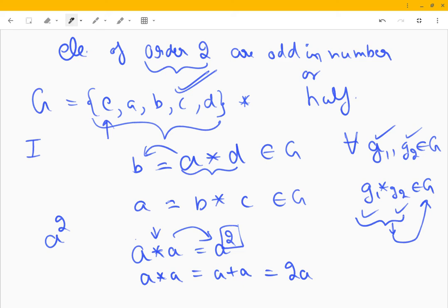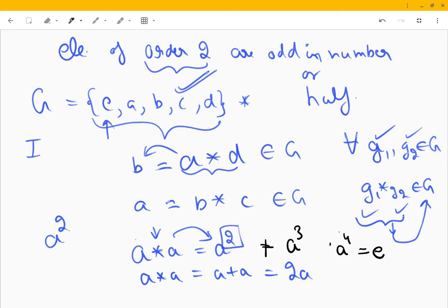Now coming back to the point, order is, see, what if A square is some other element, then A cube is another element, and then maybe A4 is the identity element, right? What does this mean?